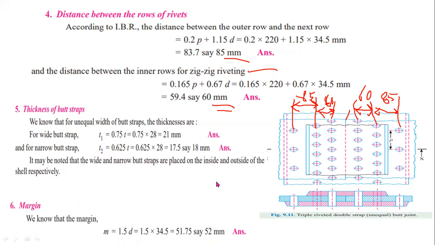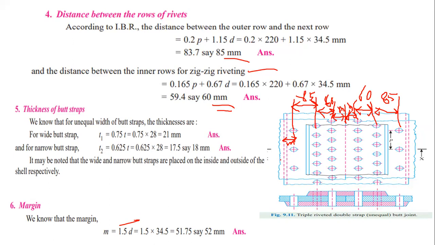In the last step, you have to determine the margin. Margin M equals 1.5 into D. Here you can observe the distance between the center of the rivet and the nearest edge of the plate is called margin. This is the margin M, and from here to here, this is also M. This is the edge of the plate, so the distance between the edge of the plate and the center of the rivet is the margin M. This is the standard value: M equals 1.5D is the margin of riveted joints.